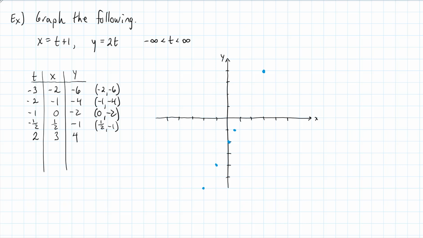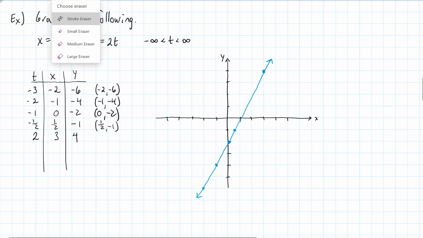Remember, t could have been any real number, so there would have been a whole bunch of other points that I could have plotted, but they all appear to fall on this line. And I could keep picking values of t, so this probably goes forever in both directions. So it appears that this parametrically defined relation is a function of x. It appears to be linear.